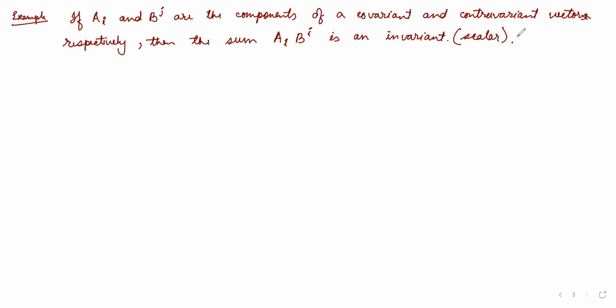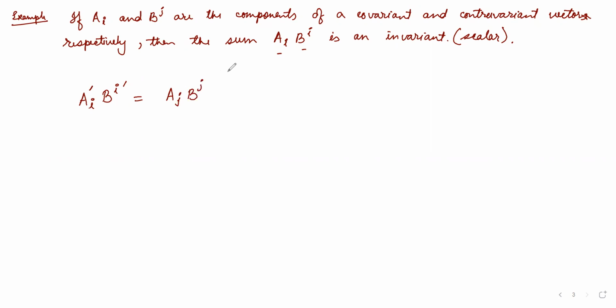Okay, to try to prove this, I'll give you a hint. So what will you do? You can consider the equation of transformation of a covariant vector and a contravariant vector. Then you try to prove that A prime i B i prime is equal to Aj Bj.